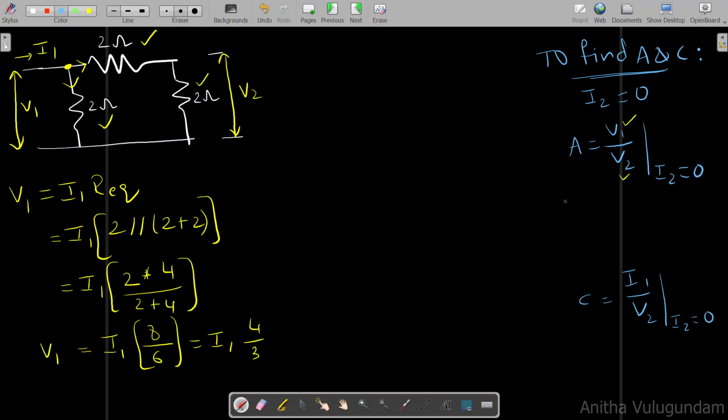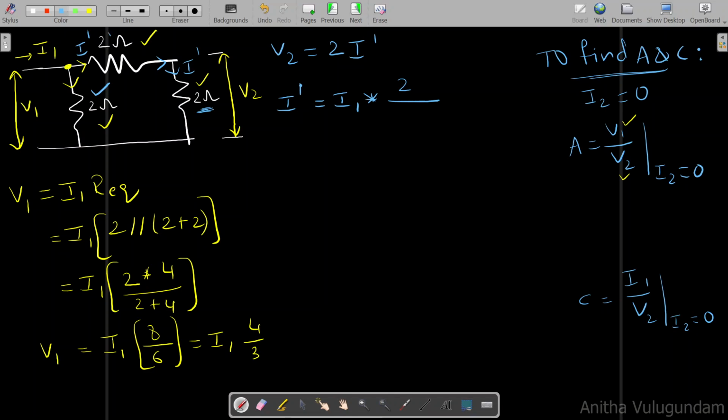And we can write V2 equal to 2 into I dash. So the voltage across this 2 ohm resistor can be written as 2 into I dash. The same current flows into this resistor as well. Using current divider rule, we can write I dash equal to total current, I1, into opposite resistance 2 ohms divided by total resistance.